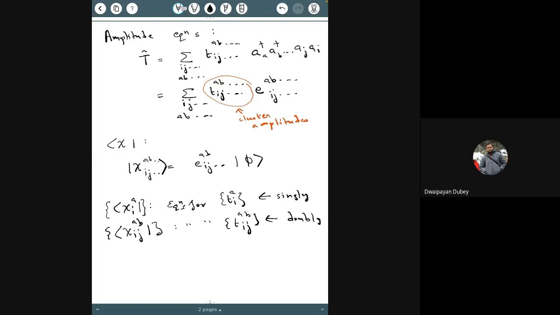So an equation for a particular excitation I to A contains all the variables J to B, K to C, etc., as well as the doubly excited ones, IJ to AB, KL to CD, IL to DE, whatever. So every equation contains all the variables, more or less. Which means that you have a huge set of non-linear coupled equations. That is the structure of your equation.